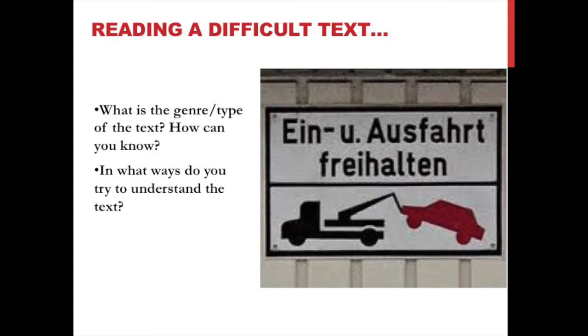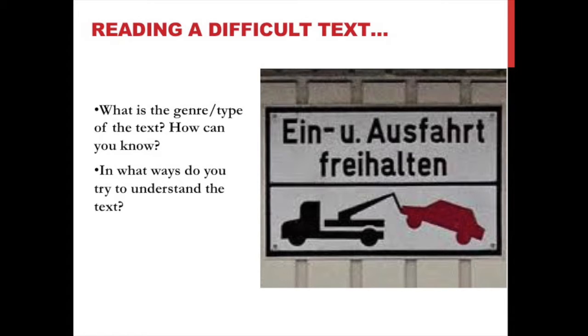Even if we don't understand the language, by looking at the pictures, the photos, or the signs, we can understand that this might be a sign telling the driver not to park in this specific area because this might be a tow zone.